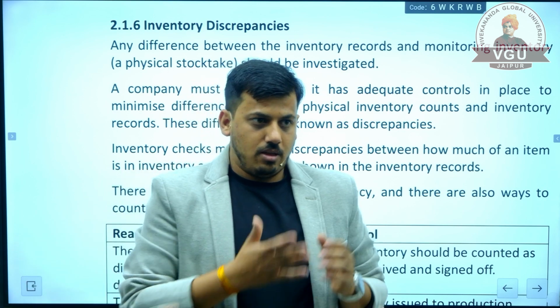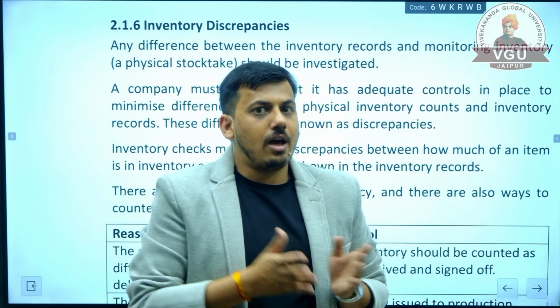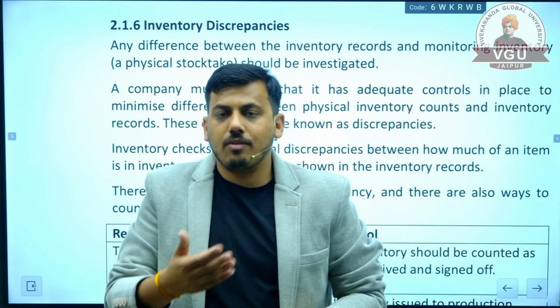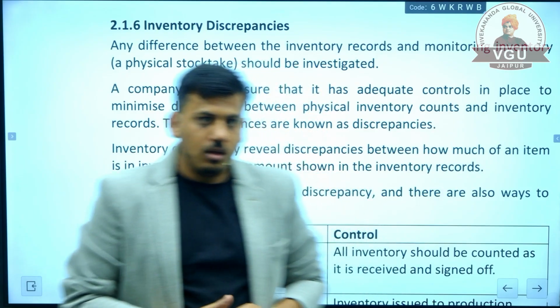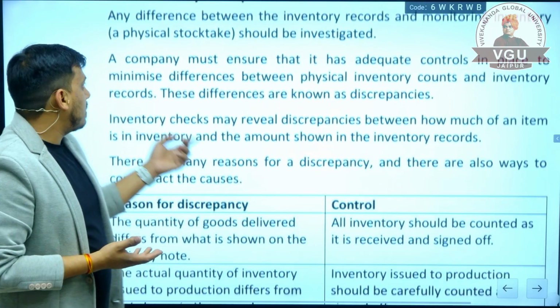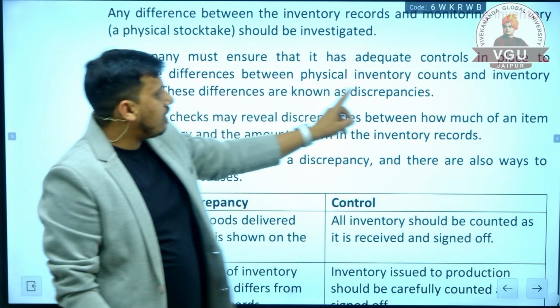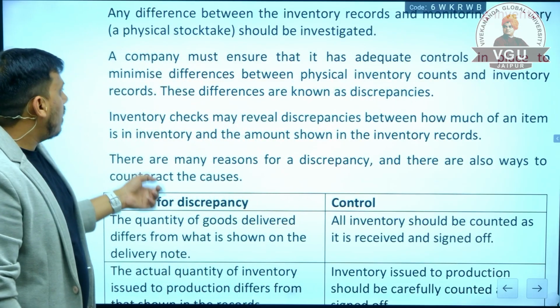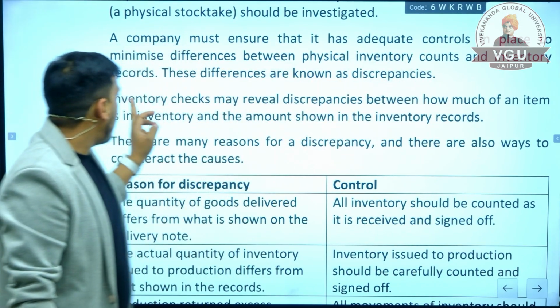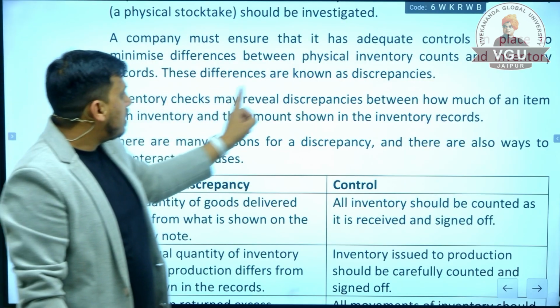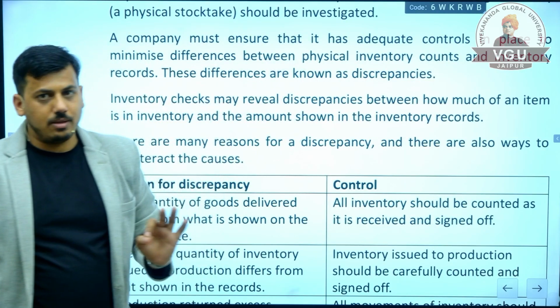If units available in the stores are 100 and in the records it is given as 120 units, then there is a discrepancy of 20 units. A company must ensure that it has adequate control in place to minimize differences between physical inventory counts and inventory records. These differences are known as discrepancies.